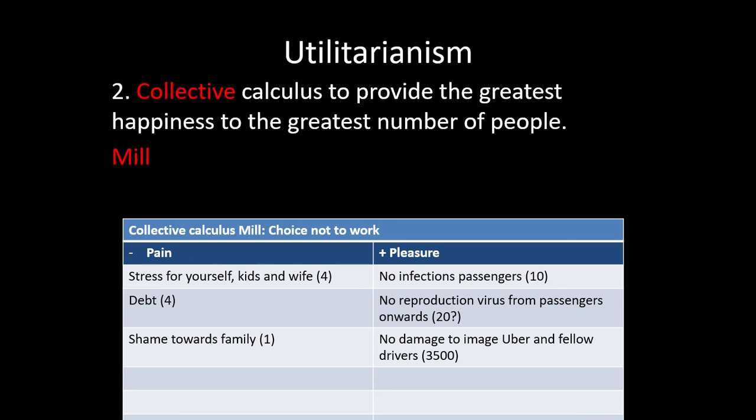There is no reproduction of the virus from passengers towards other people. You know that there's a reproduction of the virus. One person can infect lots of people in a day. They're not infected as well, and you might even think of long-term damage to image as well.